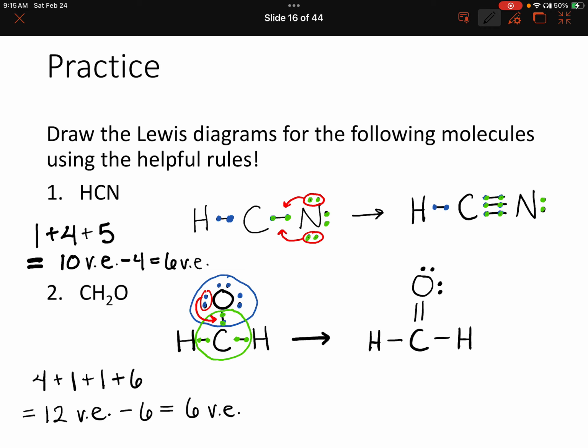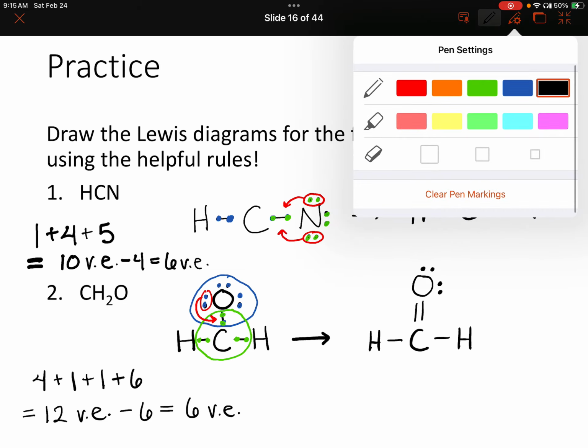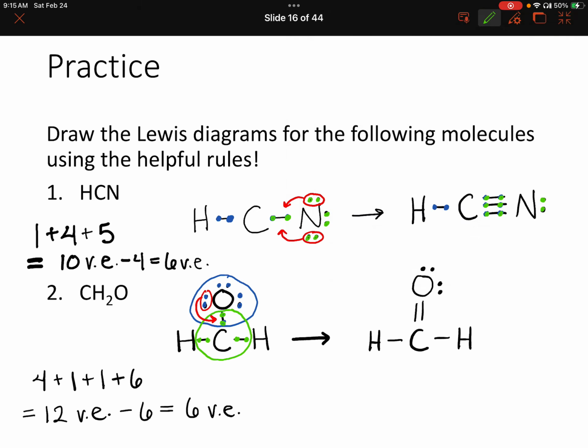Okay, so we already said hydrogen's happy. We already said oxygen's happy. Let's just double check that carbon is happy. So let's circle carbon, and it has 1, 2, 3, 4, 5, 6, 7, 8 valence electrons. Perfect. So that would be our Lewis diagram for CH2O.